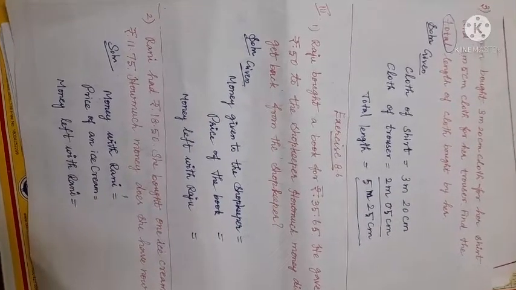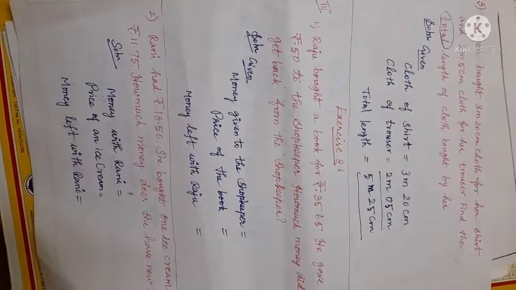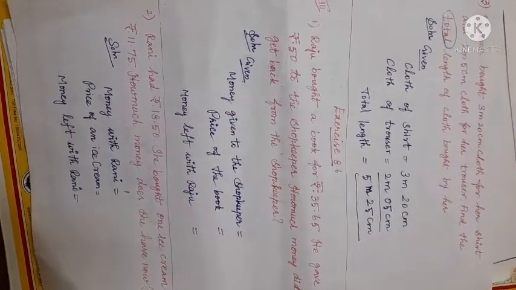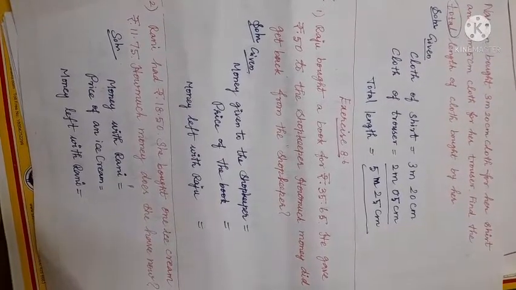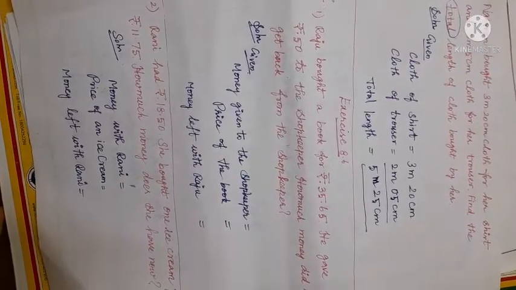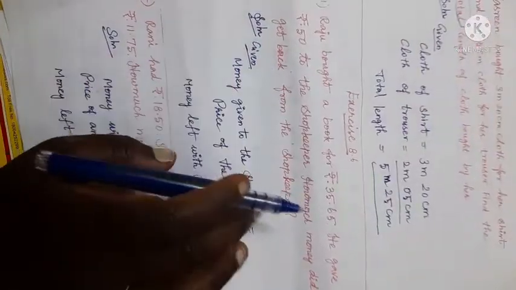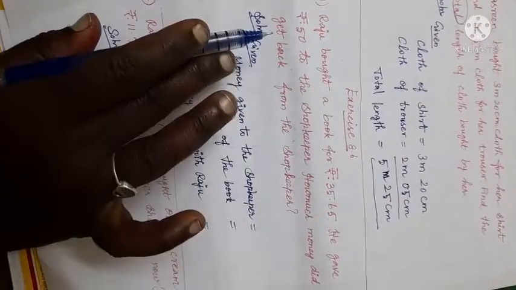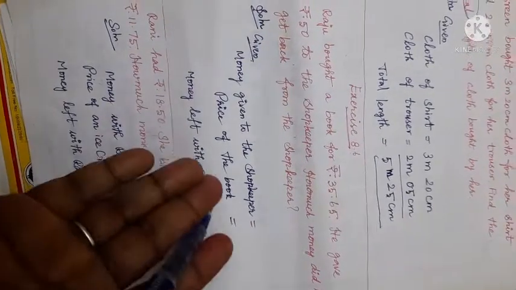The book amount is less than your given amount. So will the shopkeeper give the change to you? Yes, obviously. So you need to do what here? Subtraction. You are giving more than the book amount, so you need to do a subtraction.